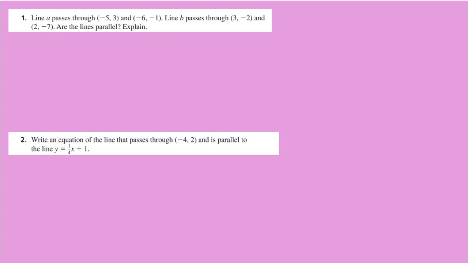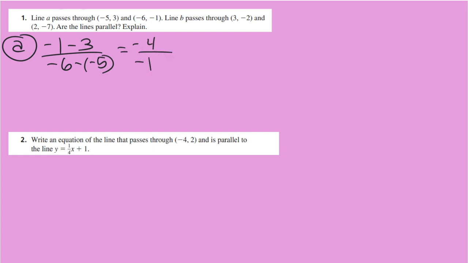Our slope for line A is -1 minus 3 over -6 minus -5, correct? So -1 minus 3 gives me -4, and -6 minus -5 gives me -1. This simplified gives me m is 4.